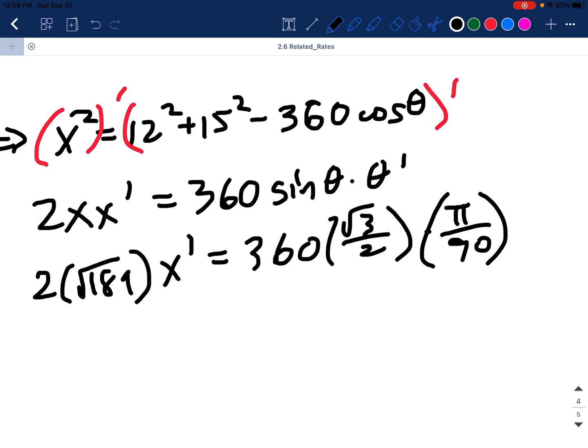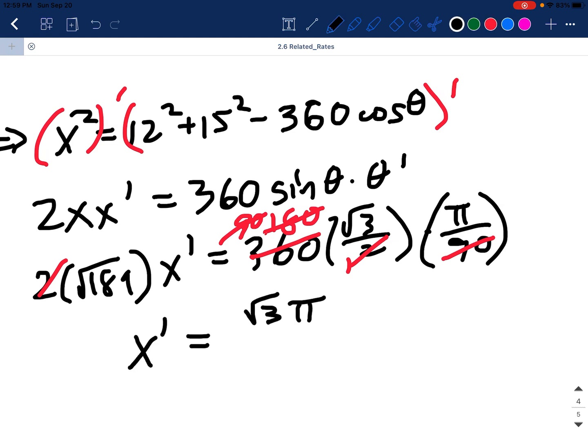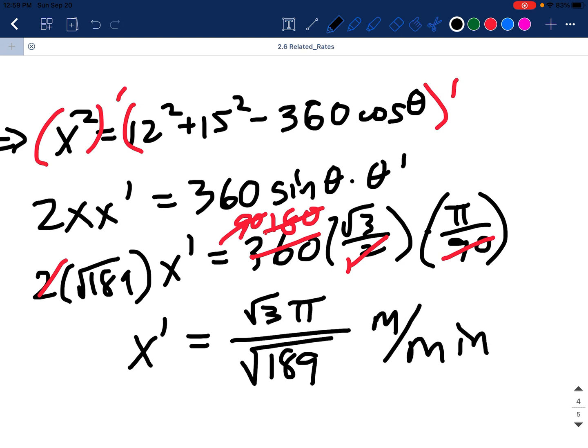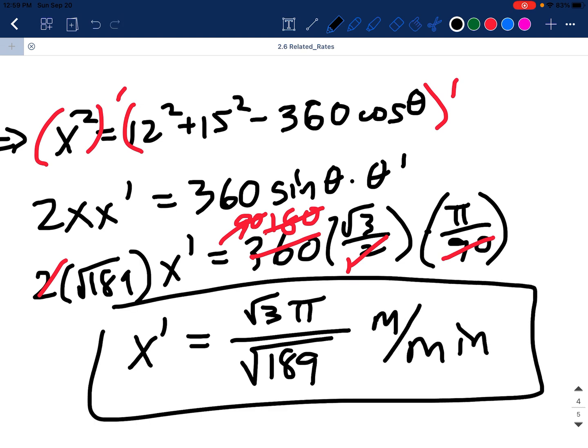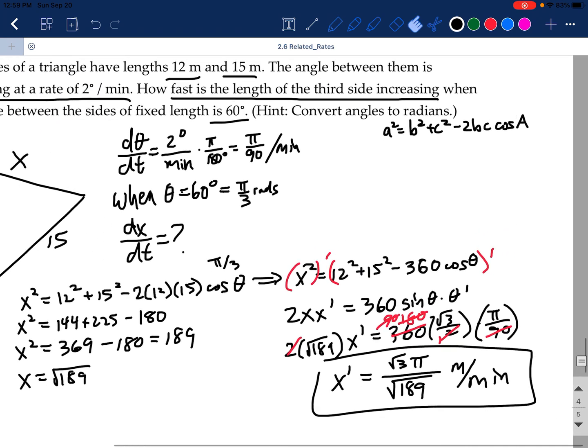All right, so let's do some nice cancellation here. So we got 180 divides the 2, and then this 2 will cancel and become 90. Oh, so much nicer. And the 90s cancel. So we end up with x prime is equal to rad 3 pi over rad 189 meters per minute. Oh yeah, that's much nicer.